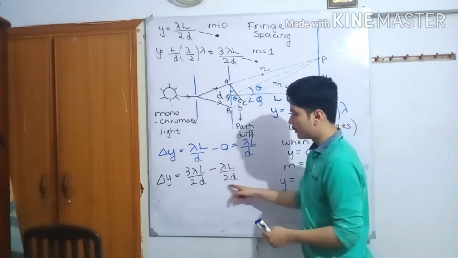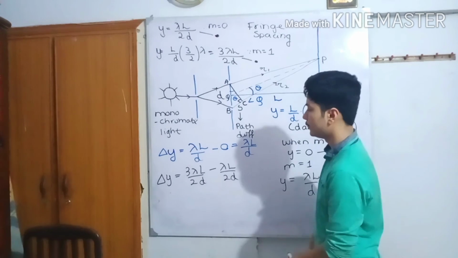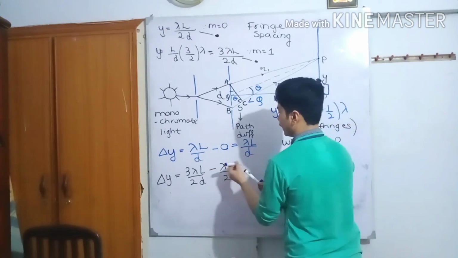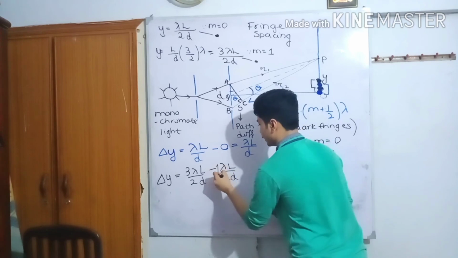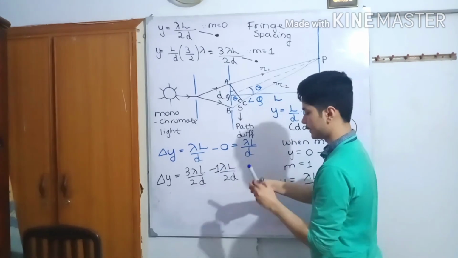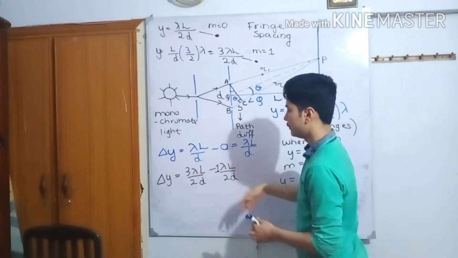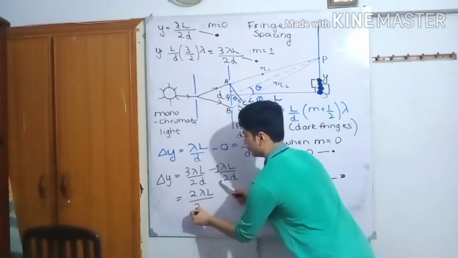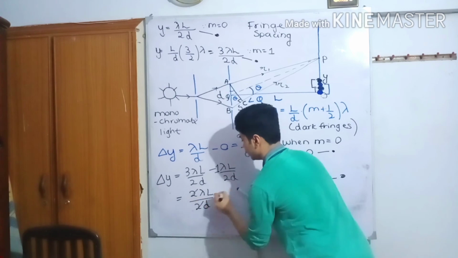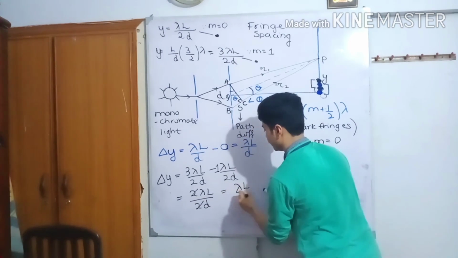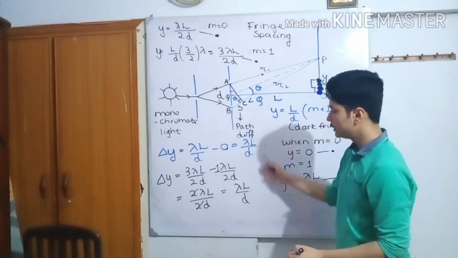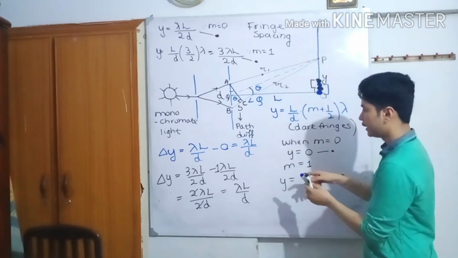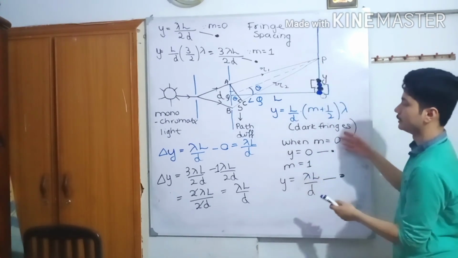The denominators are the same, so we can subtract easily. 3 lambda L minus 1 lambda L, 3 minus 1 is 2, so 2 lambda L over 2D. Cancelling the 2, we get lambda L upon D. As you can see, the fringe spacing is the same for dark and bright fringes.